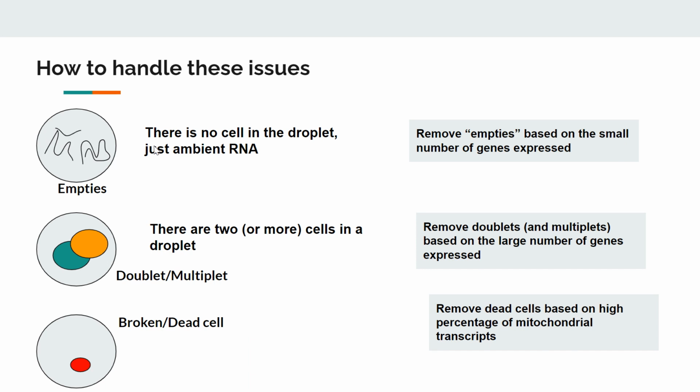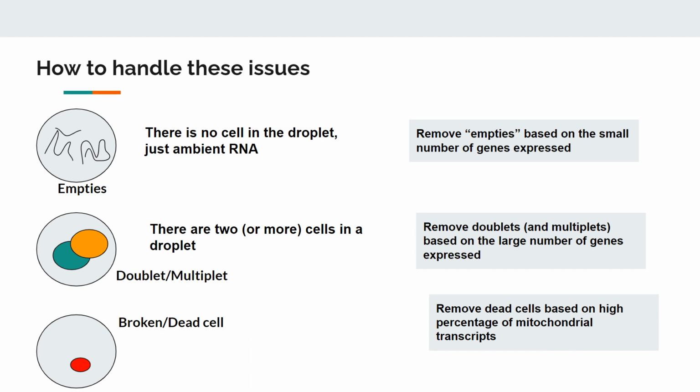So you know that at least 5,000 genes should be expressed for it to be a cell, because a cell needs at least this many genes to function. But in this drop there are hardly 100 genes, so maybe this is not a cell, and it has captured empty RNA. Using this criterion, based on a small number of genes expressed, we filter out and discard such barcodes, because ideally a cell should have some amount of genes.